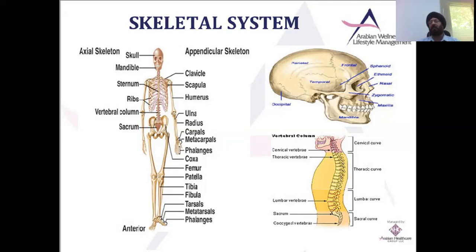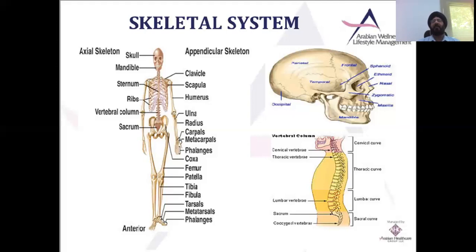The vertebral column is again divided into 4 sections. The first, the cervical, which has 7 bones, 7 vertebrae. Then comes the thoracic, the chest part. It has 12 thoracic vertebrae. Third comes the lumbar, means your back.